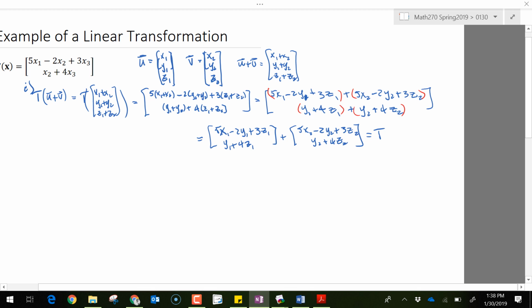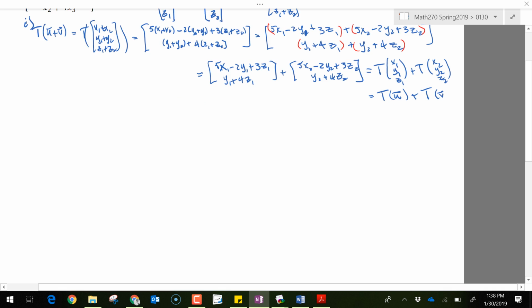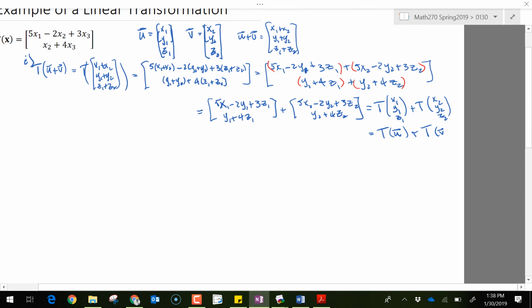And then this is going to equal T of x1, y1, z1 plus T of x2, y2, z2, which is equal to T of u plus T of v. All right. So that's how you would prove the first part of this thing being linear.